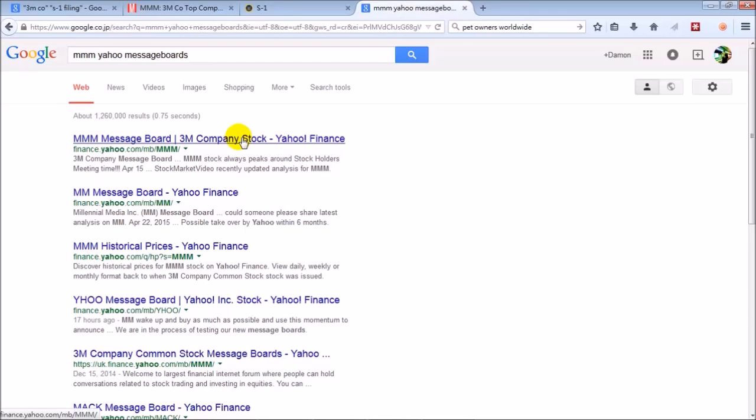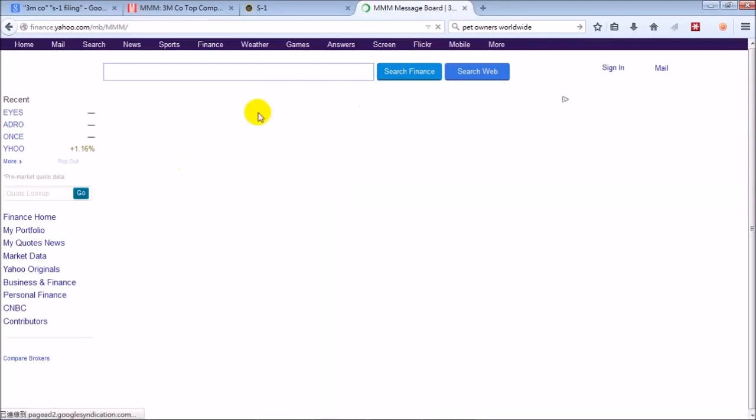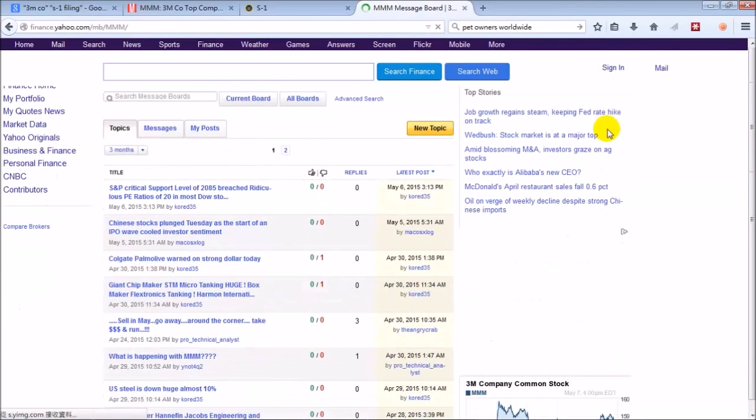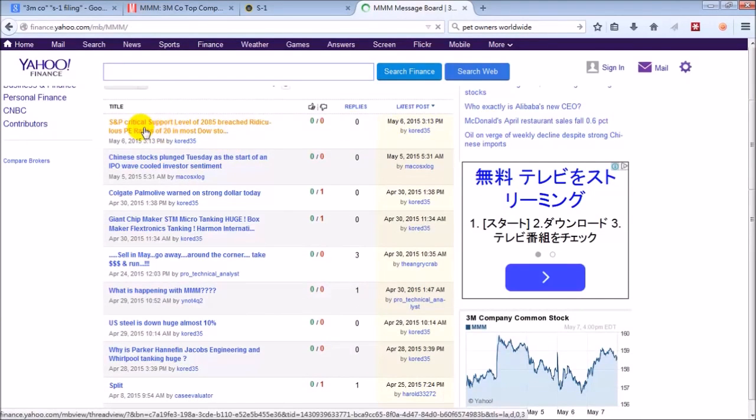It's often a very useful source of information. A lot of it's bullshit, but at the same time, you're going to get a lot of useful details. So these are the threads. You can dig through these.